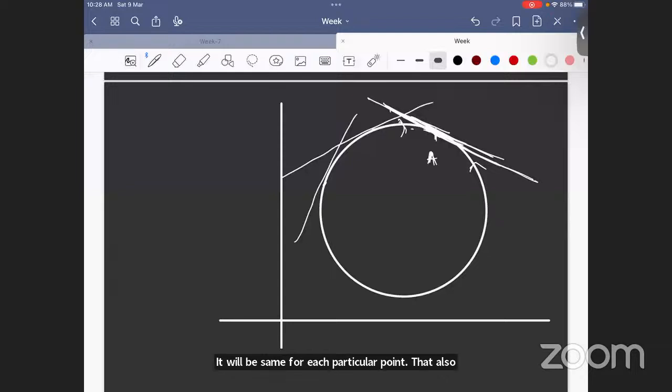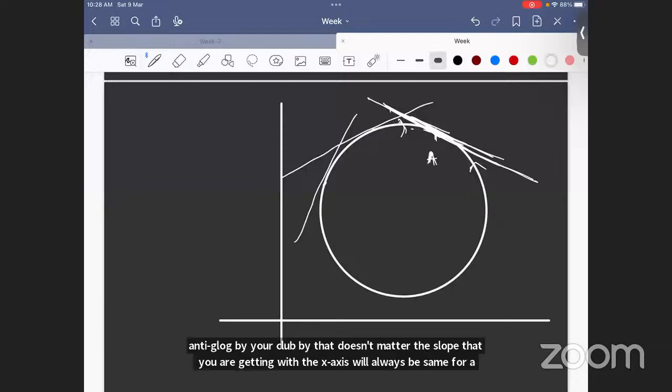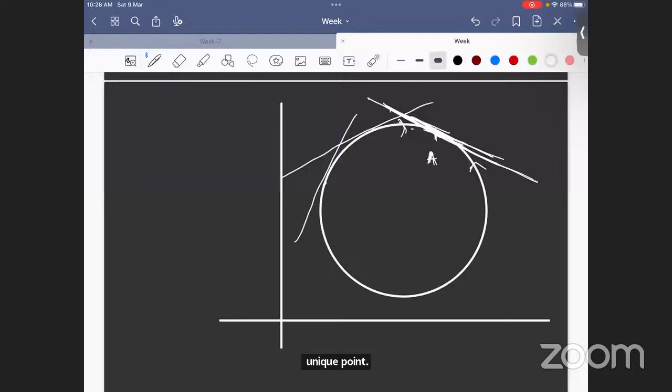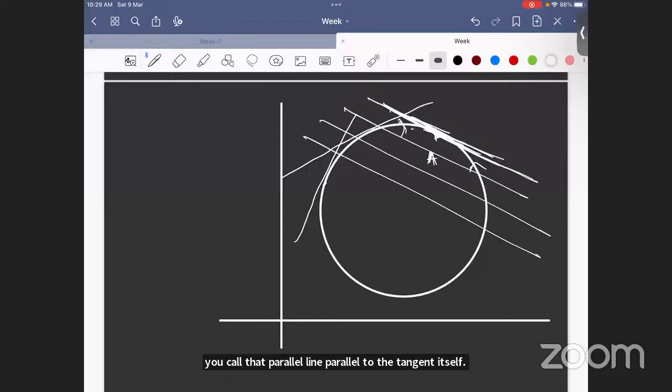And one more thing: whenever you are plotting a tangent and you draw a line parallel to the tangent, it should either cross the curve at more than one point or not cross it at all. For example, this is a tangent at this particular point, and whenever you draw a parallel line to it, it will either cross at more than one point or not cross, because you are drawing the tangent at one particular point itself.